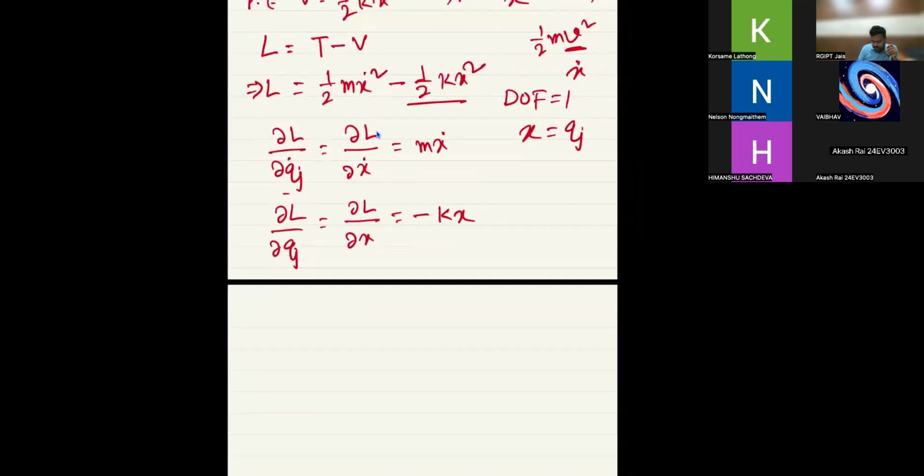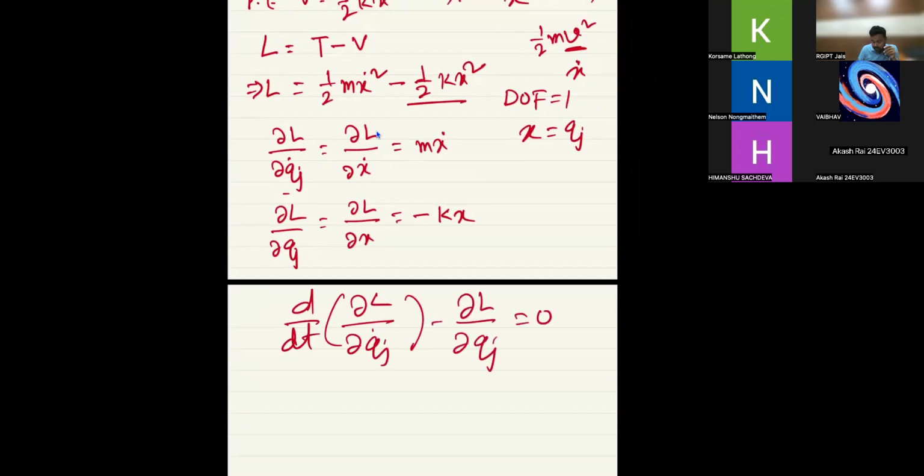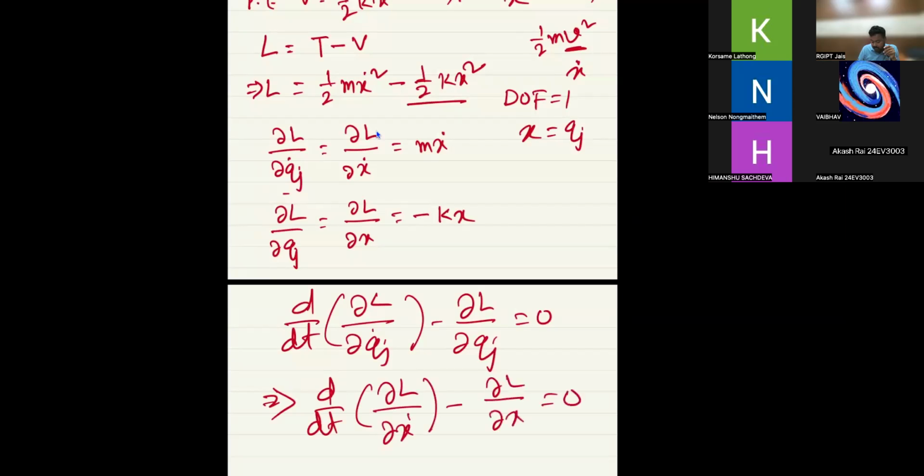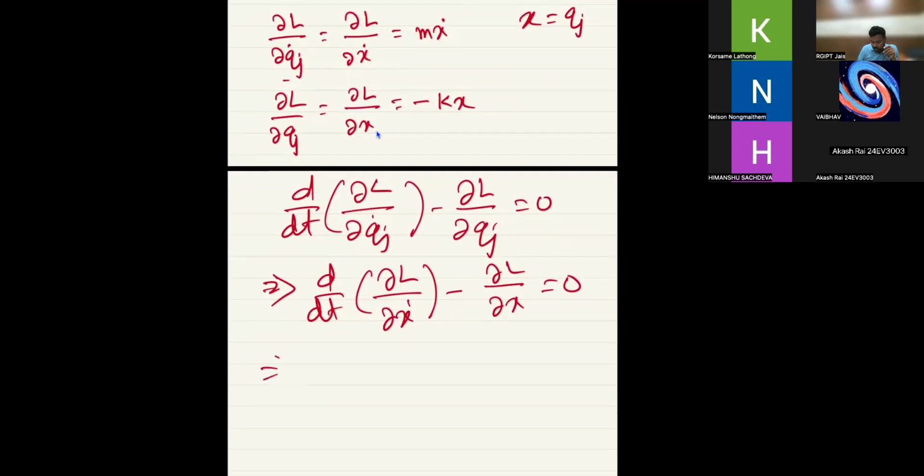Okay. So this Lagrange's equation of motion, we know d dt of del L del qj dot minus del L del qj is equal to 0. So in this case, we can write d dt of del L del x dot, because qj dot is x dot, minus del L del x, equal to 0. So what is del L del x dot?